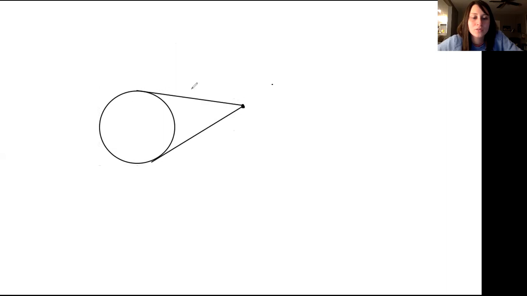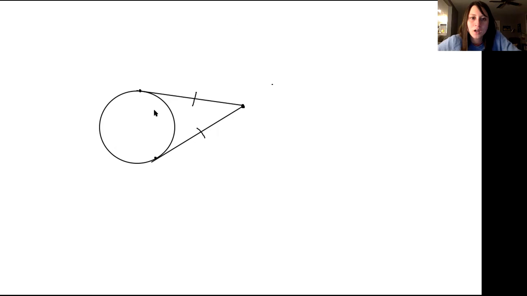So they intersect right outside the circle and they both have one point of tangency, because that's what a tangent is. What you will find out is that these tangents will be exactly the same. They are congruent. So these segments are congruent. If two tangents from the same exterior point are drawn to a circle, then they are congruent, okay? So these are congruent here.